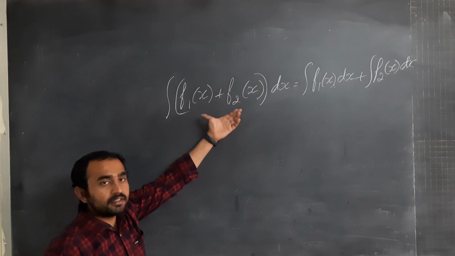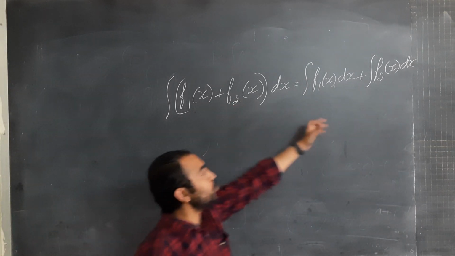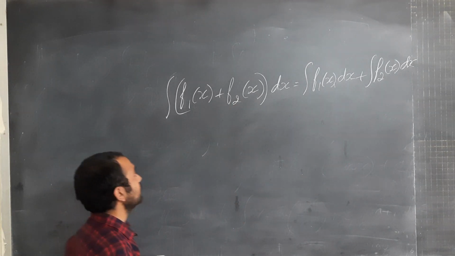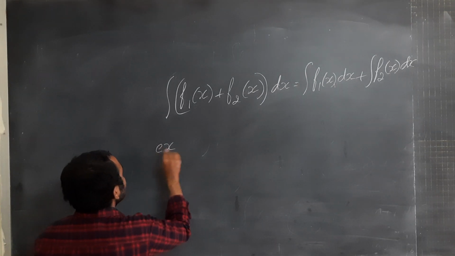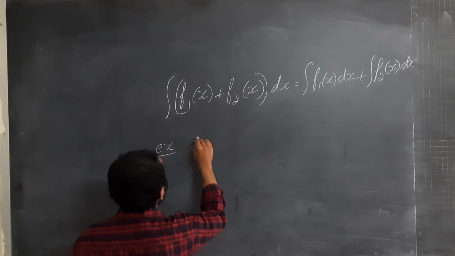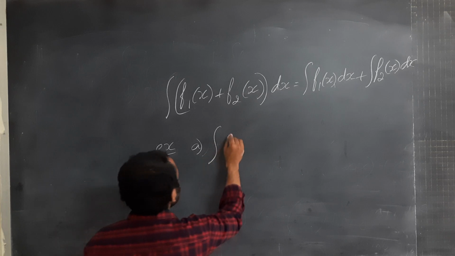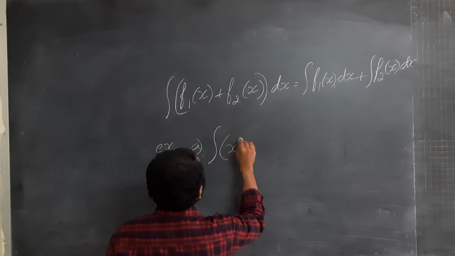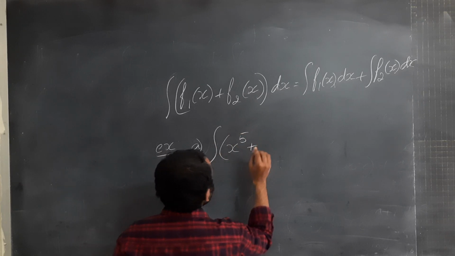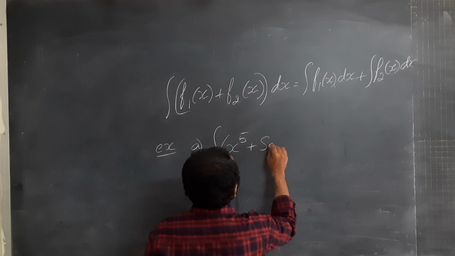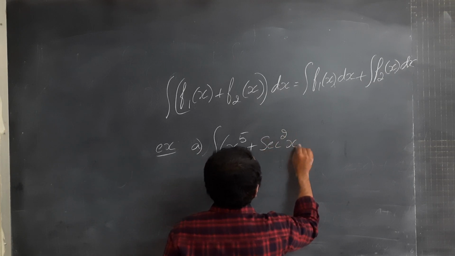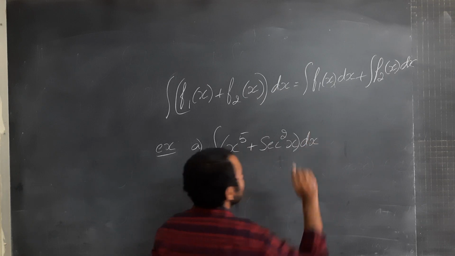Here we split the functions as two separate functions. Example: integral x power 5 plus secant square x into dx.